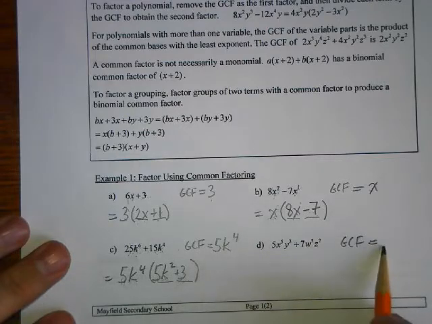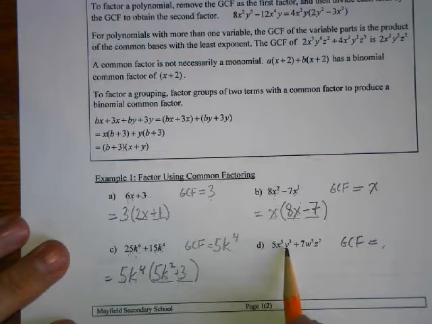So I don't have a number part for my greatest common factor. And then you'll notice I've actually got 4 different variables. I've got an x, a y, a w, and a z. So I look at each one separately. So I look at the x. In order for x to be a part of the greatest common factor, it has to be in all the terms.